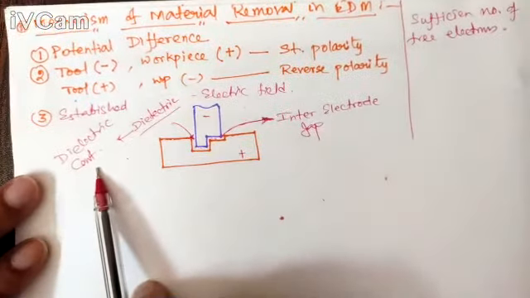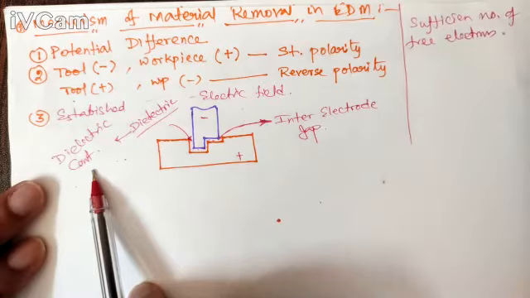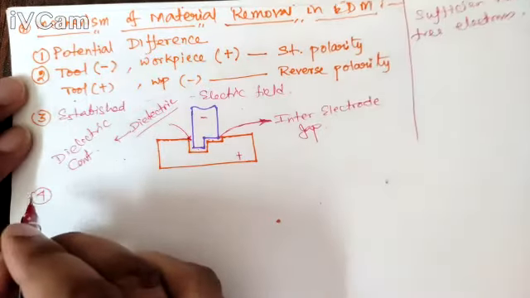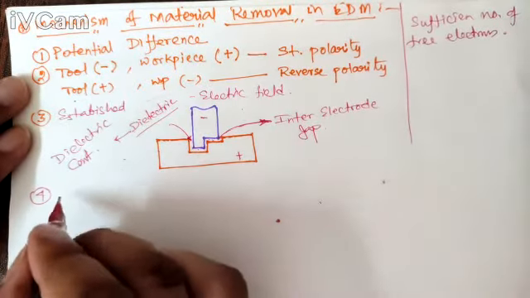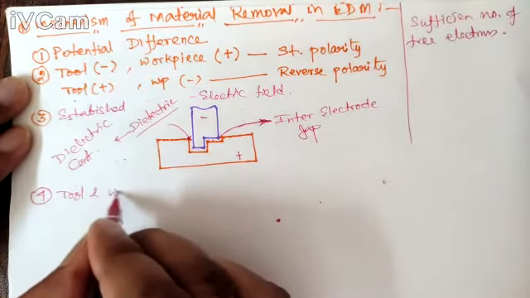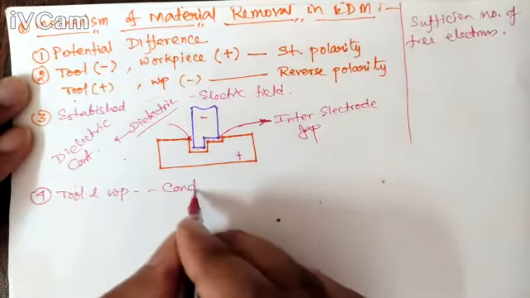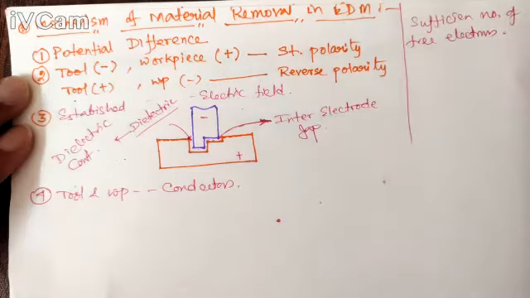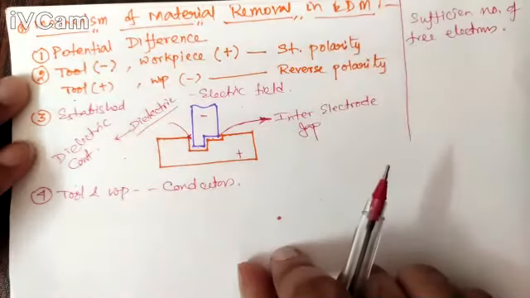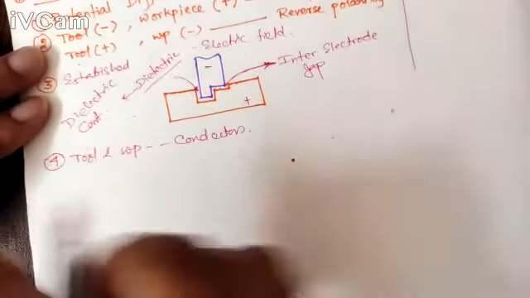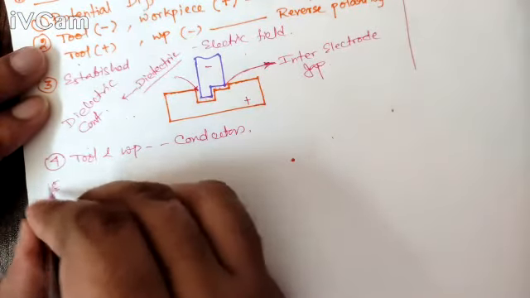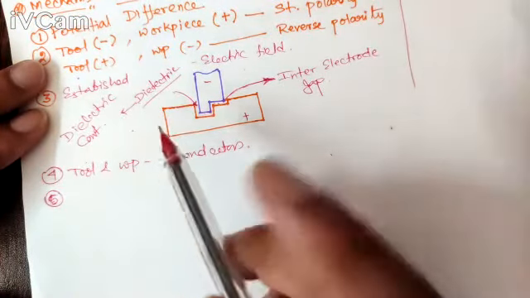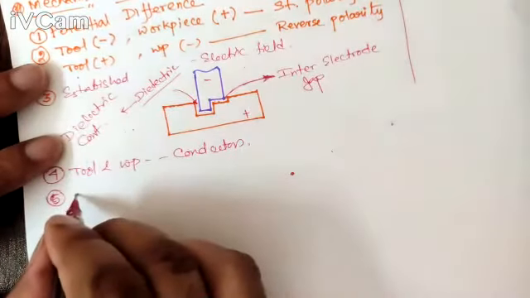In this case, the tool and workpiece are both conductors of electricity. Then next, the fifth step. Because of all these activities, there will be cold emission.